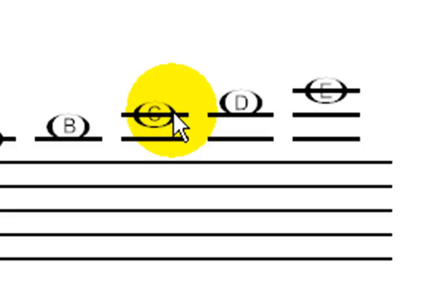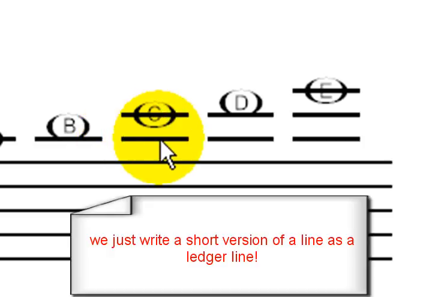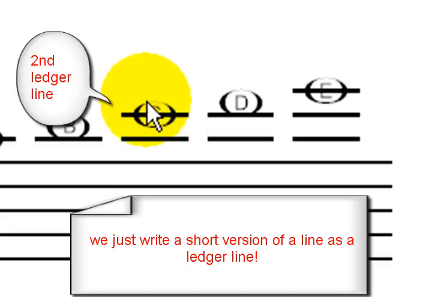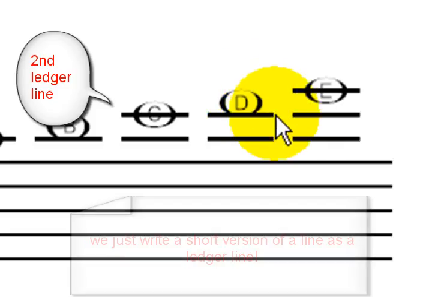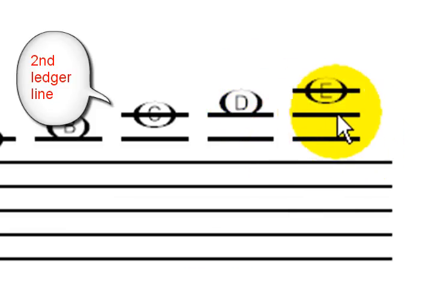And really what's going on here is that the lines are just going up, but we don't write out the whole line, we just write out a short portion of it. So the C is on the second ledger line, and therefore the D is on the top of the second ledger line, and the E just follows after that with one more ledger line.